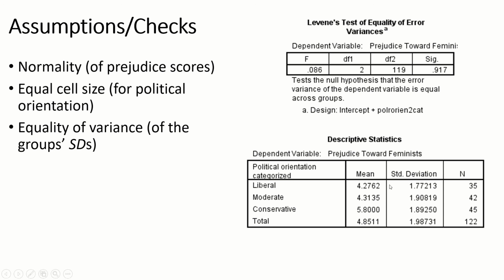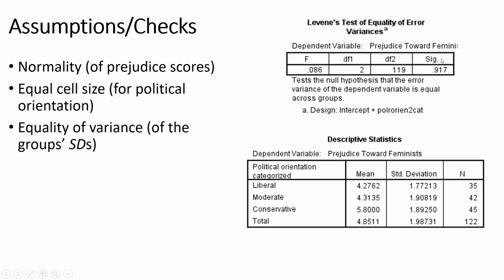We have three standard deviations here because now we have three independent groups. When we conducted the independent sample t-test, we only had two. Here we have 1.77 for liberals, 1.91 for moderates, and 1.89 for conservatives. Levene's test is assessing whether these standard deviations are similar enough.